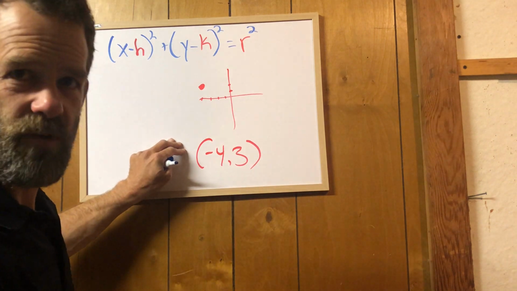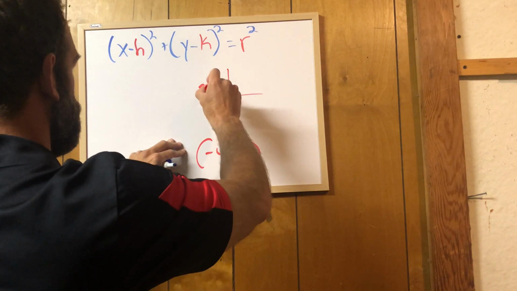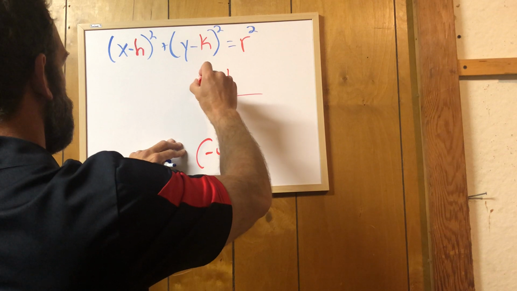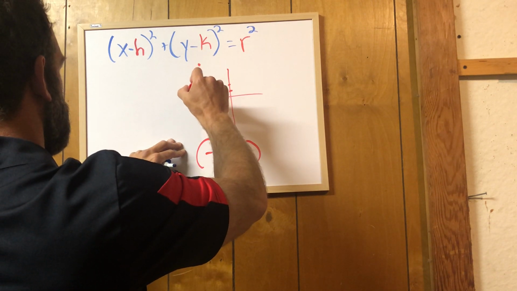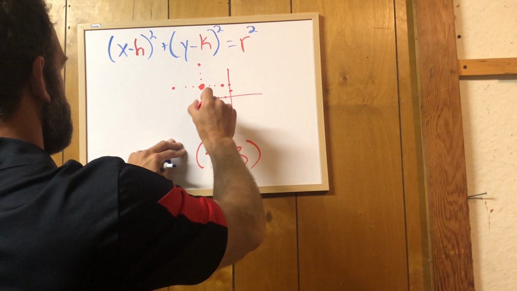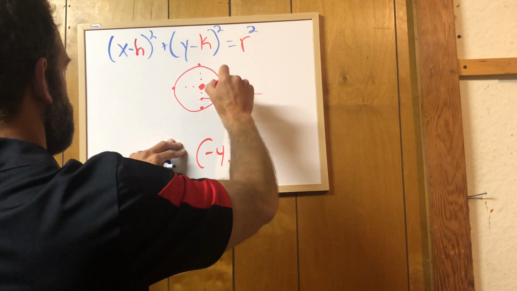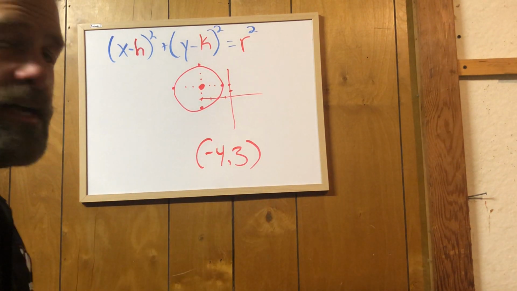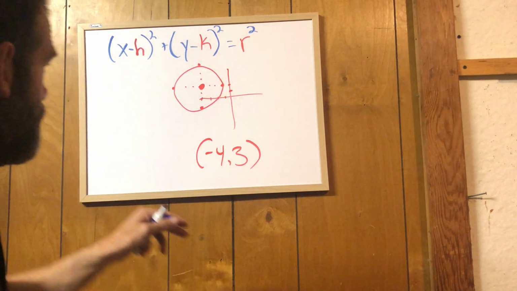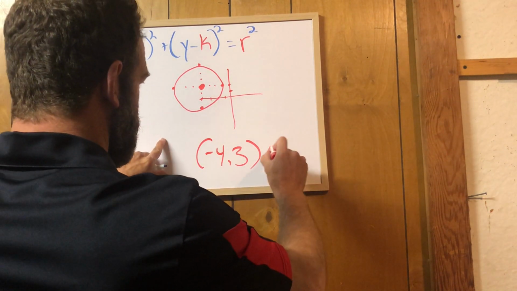And I'm going to give this a radius of 3 units. I'm going to say 1, 2, 3, 1, 2, 3, 1, 2, because the radius is 1, 2, 3, and the radius is symmetrical from the center. Well, I mean, that's a pretty messed up circle.